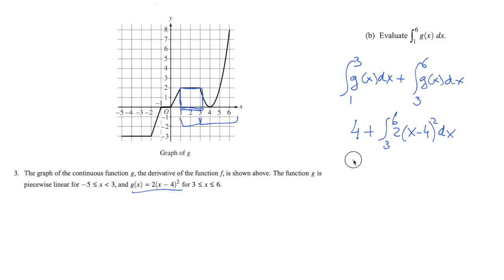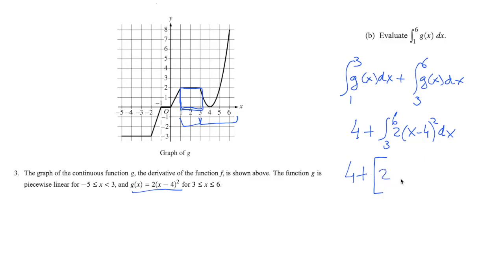So to integrate, 4 plus, and now the integral of this function, since what is inside the bracket is x minus 4 and its derivative is 1, then we can just integrate as if x minus 4 was just one variable.